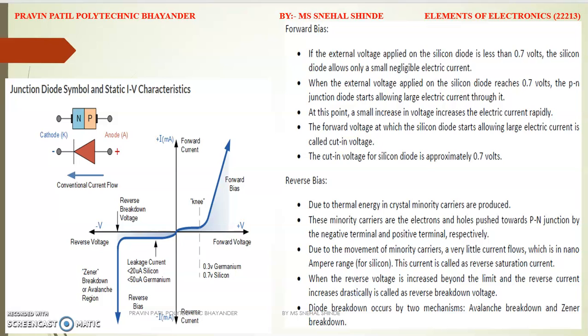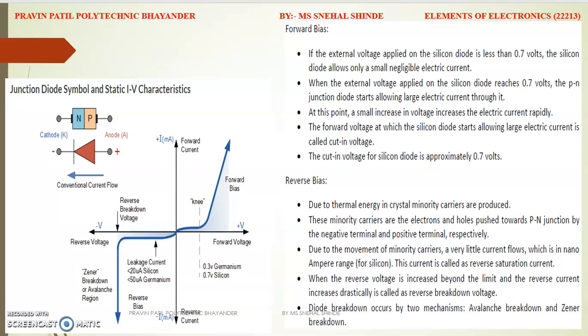As the reverse voltage is increased, the reverse saturation current remains constant, equal to I0, if the temperature is constant. This is because the reverse saturation current does not depend on reverse voltage, but depends only on temperature.